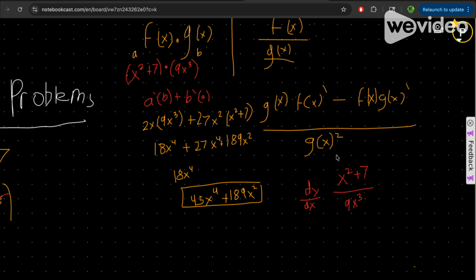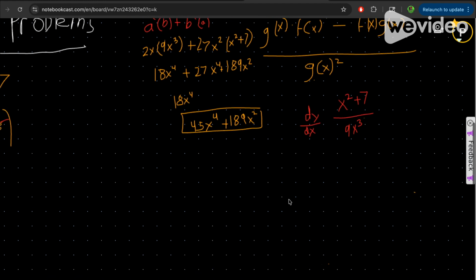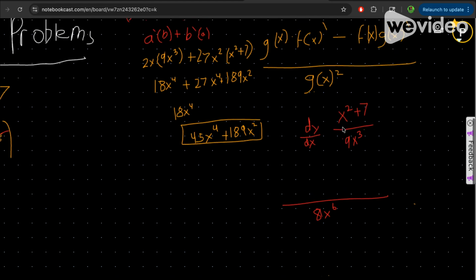Okay, so the formula is bottom times the derivative of top minus top times the derivative of bottom, over bottom squared. So let's find this out. The bottom squared: 9 squared is 81, and x cubed squared is x to the 6th. So let's begin the actually somewhat difficult process.